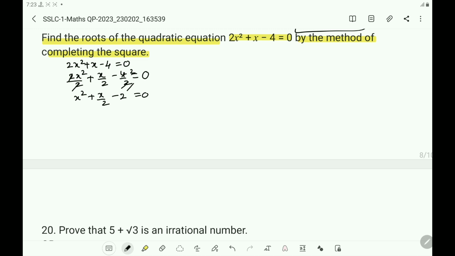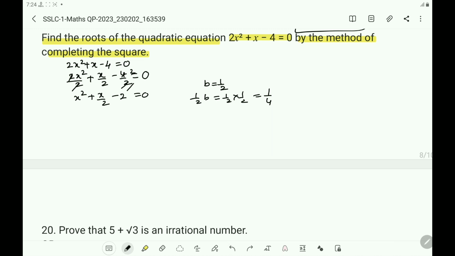You got this equation. Now here you get the coefficient of x. x by 2 means half x. So you write b equals 1 by 2. Then you take half b, is equals to what? Half into half, which is equals to 1 by 4. So you add and subtract the square of 1 by 4, that is half b, means 1 by 2 into 1 by 2.